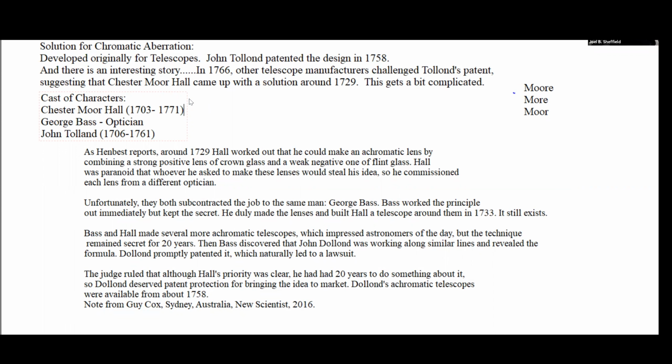Now, Moore, it turns out, was a little paranoid. And so what he did was he got in touch with two separate lens grinders and asked one to make the concave lens and one to make a convex lens. So he had two manufacturers, two other opticians grinding these lenses for him.